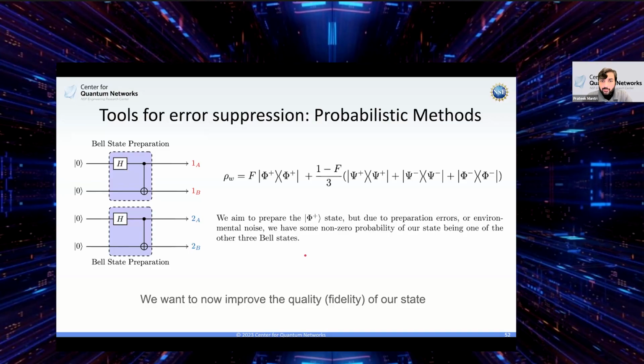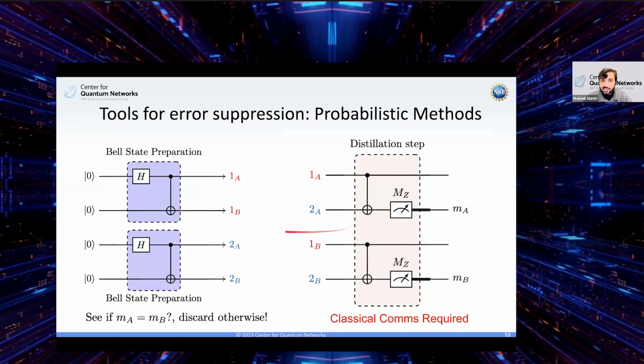So, how do we do that? When these Bell states, as I said, one part of this Bell state is going to Alice, the other to Bob. So, let's look at the Alice side. We have these Bell states. And then at Bob, we have one part of this Bell state going here and the other here. Then we perform a control NOT operation and measure the other one of the Bell pairs in the Z basis.